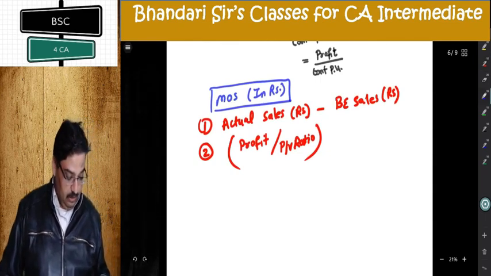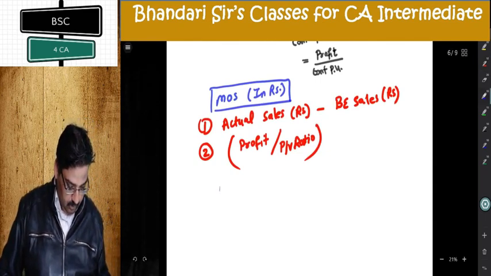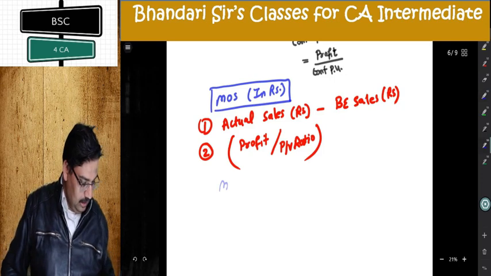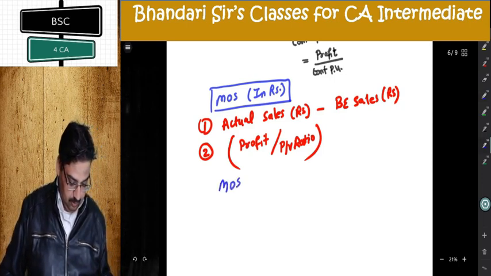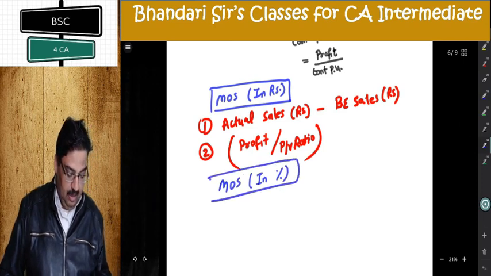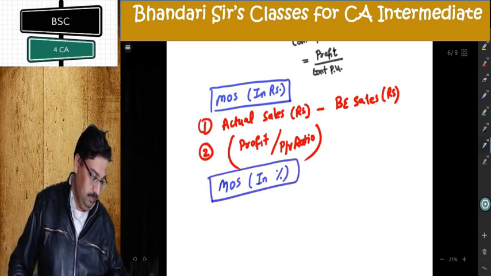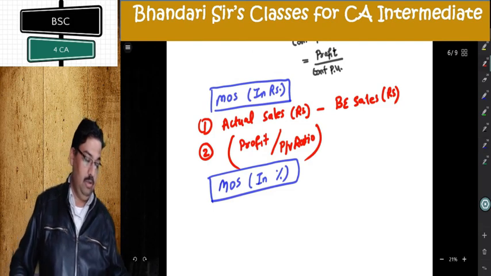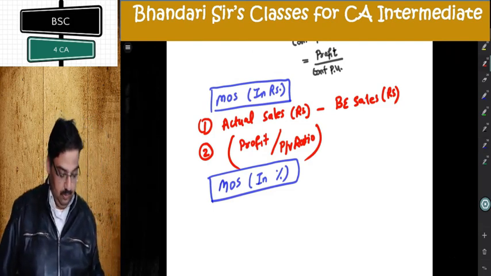Third category of formulas, MOS in percentage. It can be either based on MOS in units or MOS in rupees.